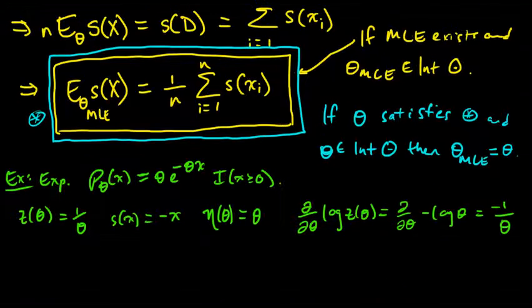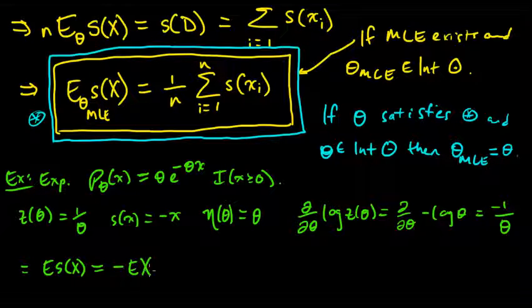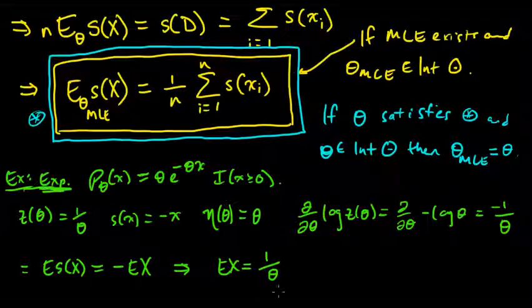So what's the expected value of s of x? S is just this thing, so that expected value is minus the expected value of x. And so this implies, canceling the minus signs, the expectation of x is 1 over theta. The expectation of an exponentially distributed random variable is 1 over theta.